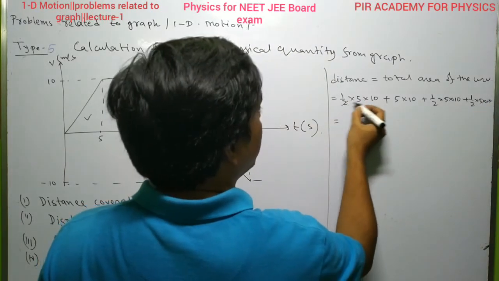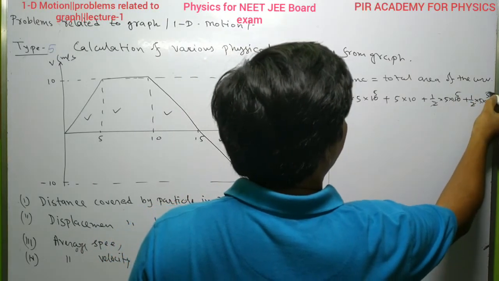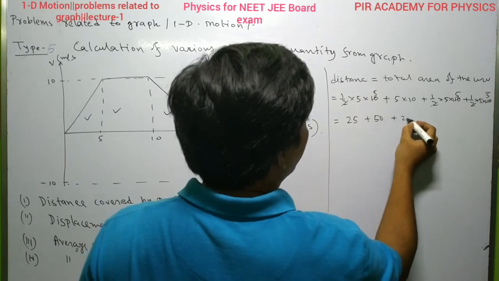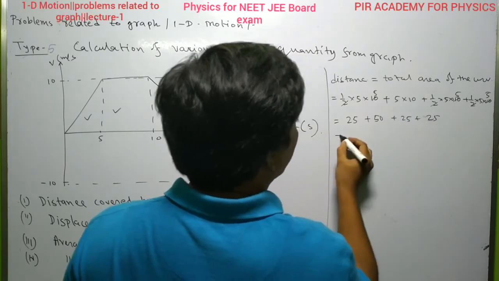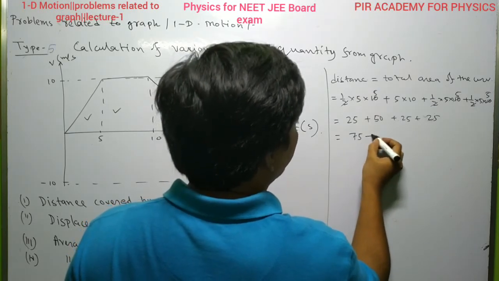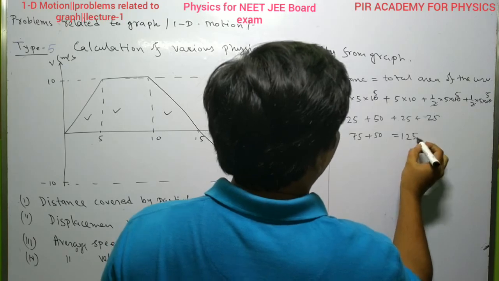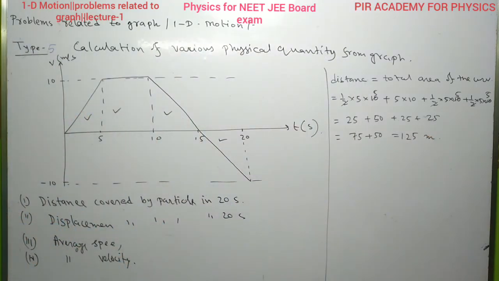So it will be 25, 50, 25, 25. So this will be 75 plus 50, that means 125 meters. This is the total distance.